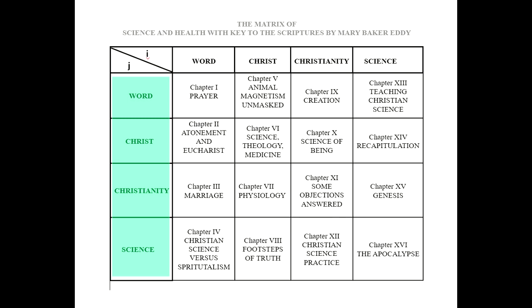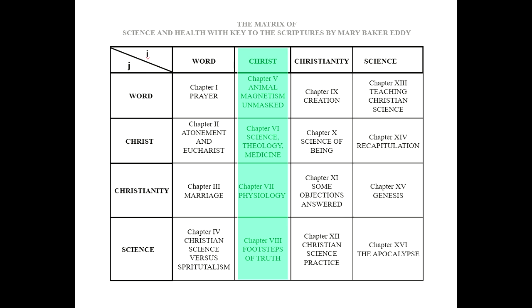So you have in the I index the Word as the revelation of God's nature, and that relates to the J index, first as the Word as accepting the revelation of God's nature, as the Christ, as the power of the manifestation of God's nature, of that revelation of God's nature in spite of any error.